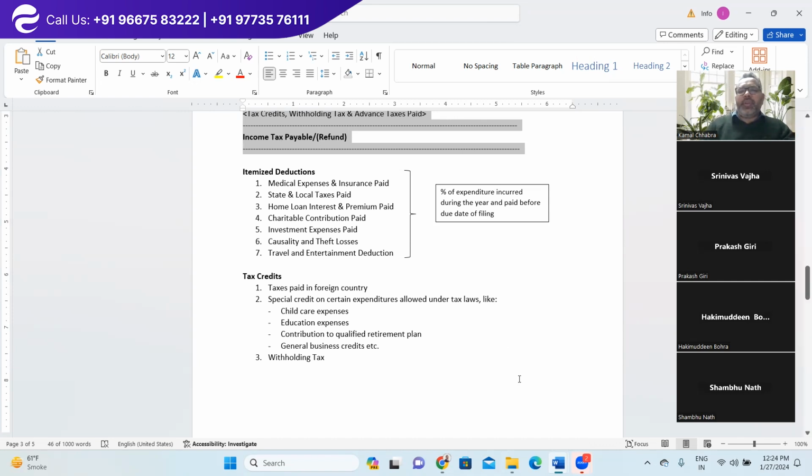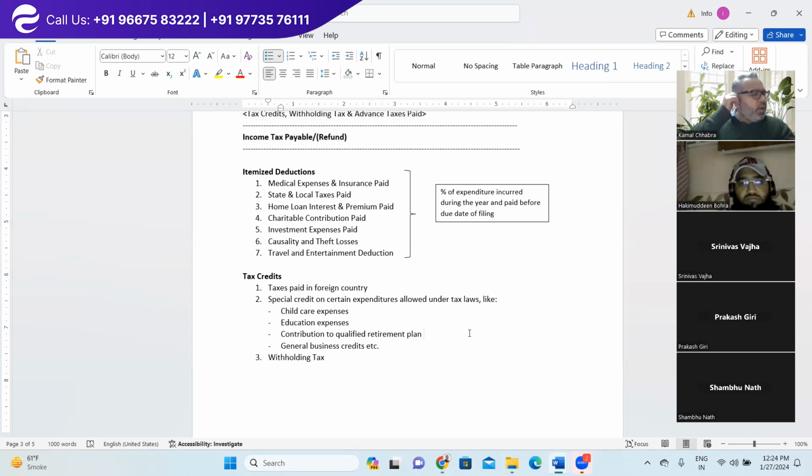And then there would be certain tax credits. Same way, like we were discussing in the last class, that certain investments provide tax credits in India. In the US, if you remember, we were discussing foreign tax credit. That means for certain taxes you have paid in a foreign country, you are getting a credit based on a double tax avoidance agreement or tax treaty, right?